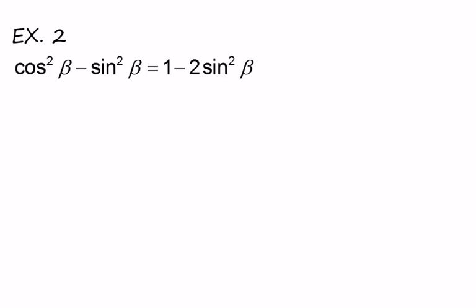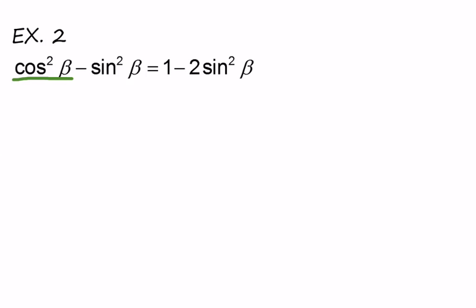Okay, number 2. This says cosine squared beta minus sine squared beta equals 1 minus 2 sine squared beta. In this case, I'm looking at the right-hand side and I notice that there aren't any cosines over there. So somehow I need to get rid of this cosine squared beta if possible.